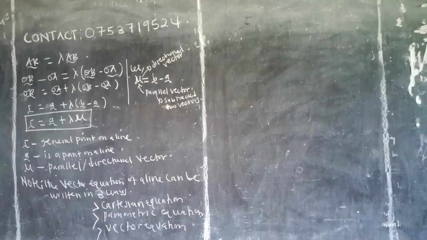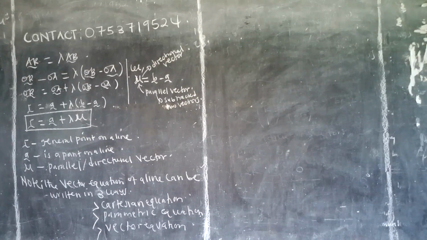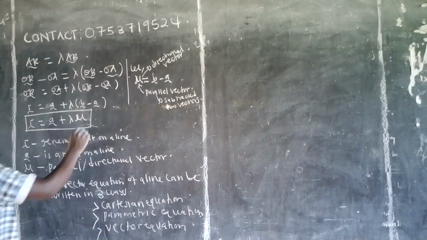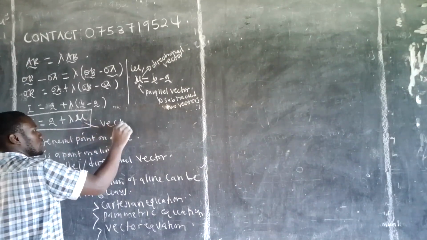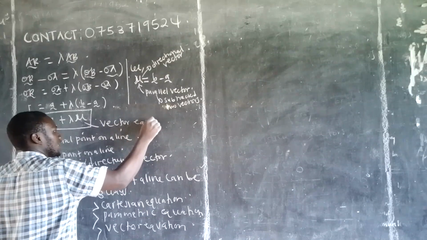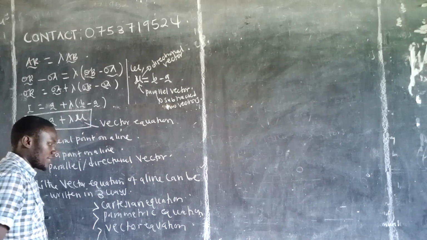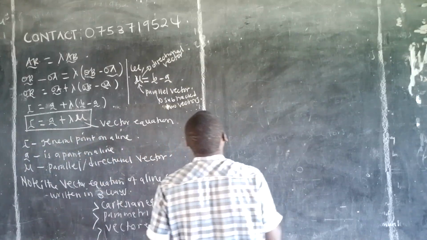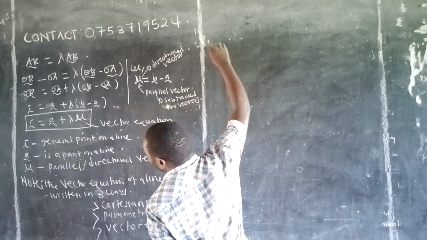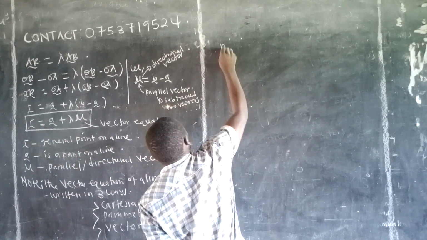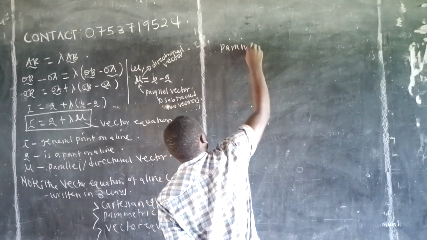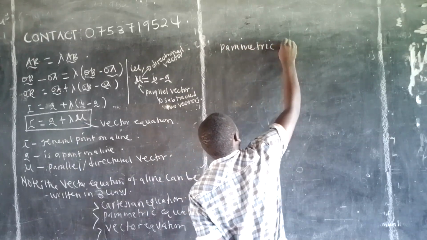All right, so now let's proceed and see how we can write this as a parametric equation. Now this one here is the vector equation, the way it is here. So out of the three categories, we remain with Cartesian and parametric. Now let's see how to write it in parametric equation.